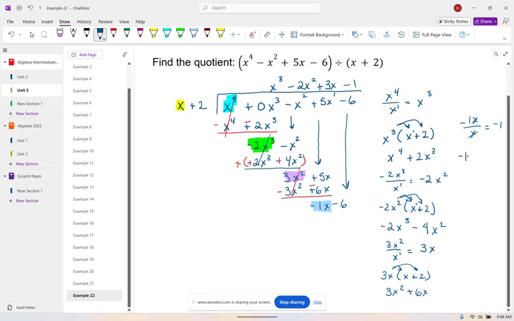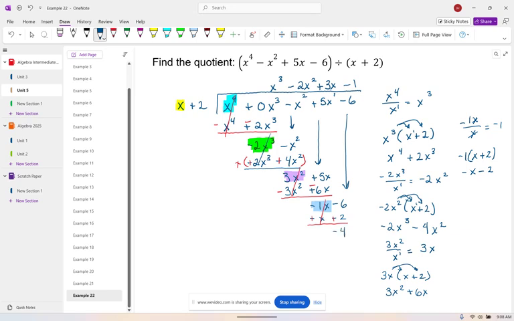And we have negative 1 times x plus 2, which is negative x minus 2. And last time that we have to do this, we're going to cancel that out. Change both of these to a plus. We have negative 6 plus 2, which is negative 4.